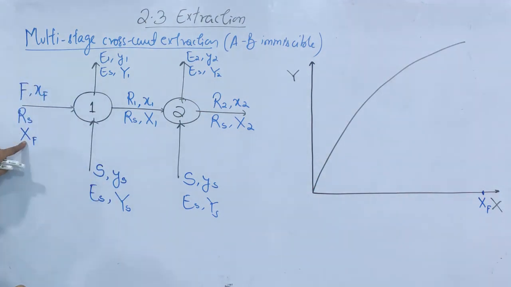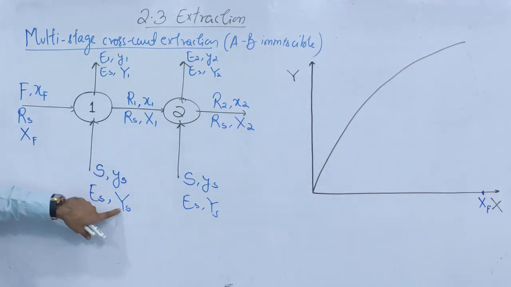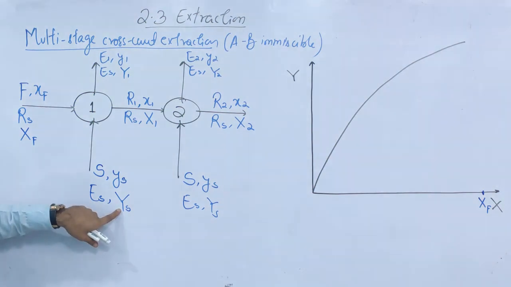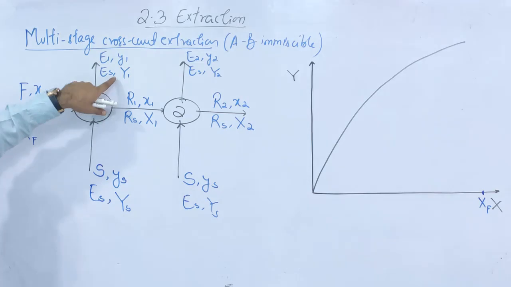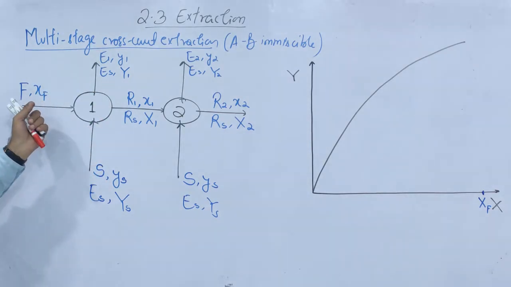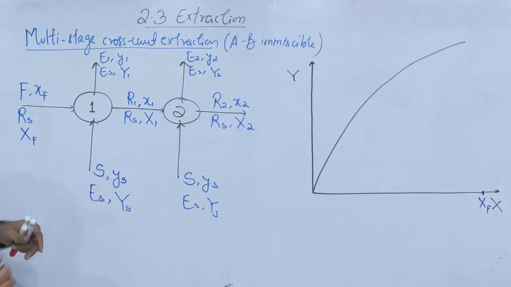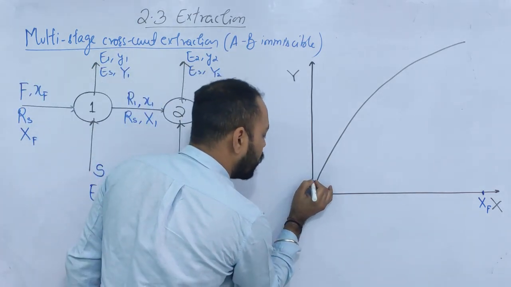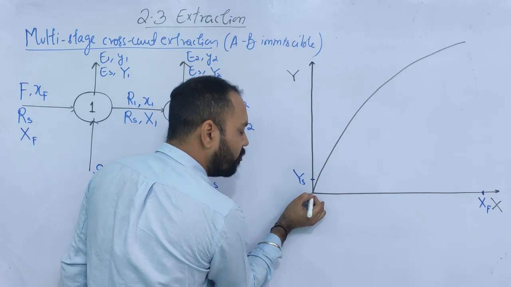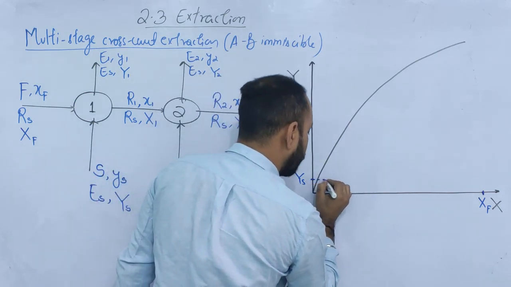So along with XF, which one is present at the operating line? YS. Now definitely which one is smaller, YS or Y1? What do you think? Solute is getting transferred from feed to the solvent, so Y1 must be more than YS. So YS is somewhere here, suppose. If YS is 0, then definitely YS is here. Now you make a dotted line.